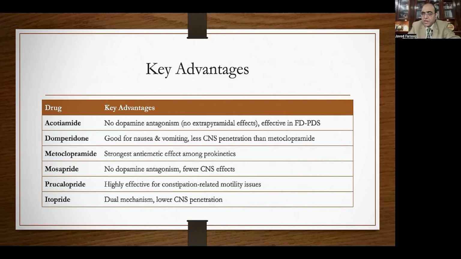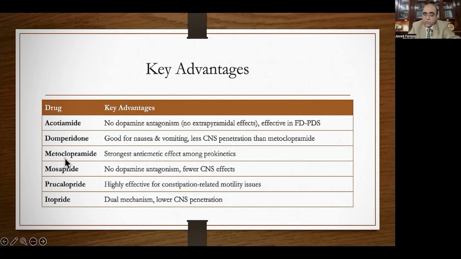What are the key advantages of different prokinetics? The key advantage of Acotiamide is there is no dopamine antagonism, so no extrapyramidal effects, and it is effective in functional dyspepsia of PDS subtype. The key advantage of domperidone is that it's good for nausea and vomiting, and it has less CNS penetration than metoclopramide, so less CNS effects.